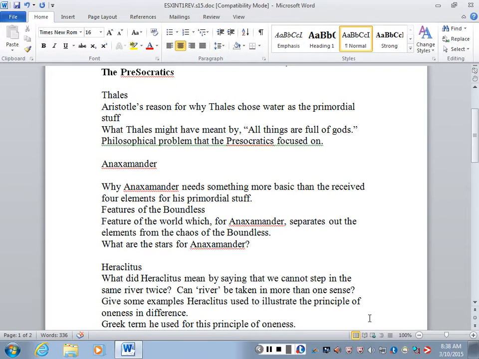Why did Aristotle say that? What did he focus on? Yeah, pretty much. And so you can see how that could be something I'd possibly ask a question on. Yeah, it's necessity for life.